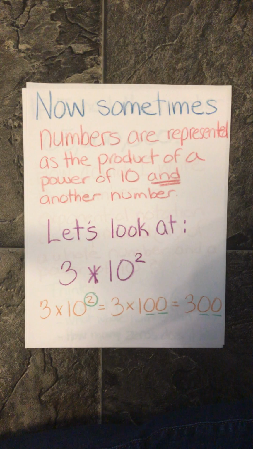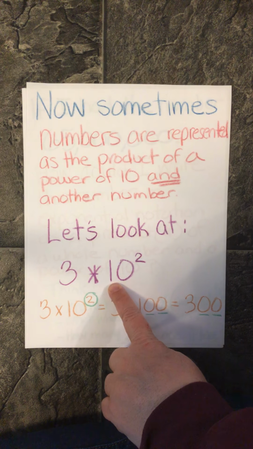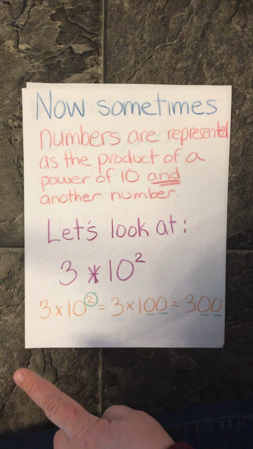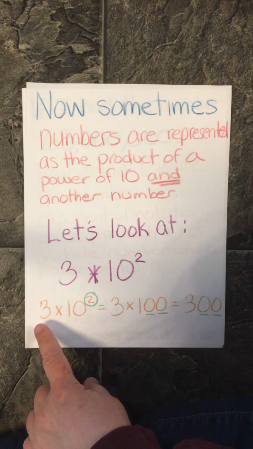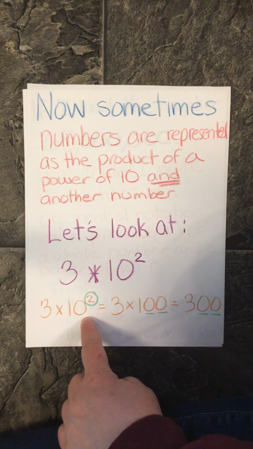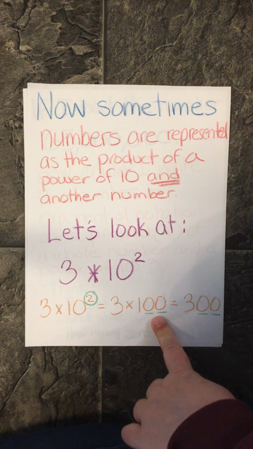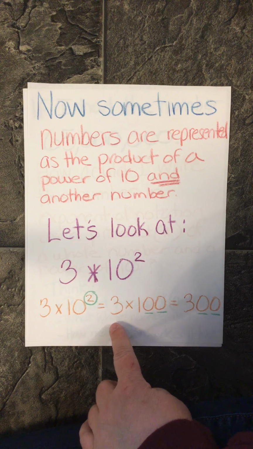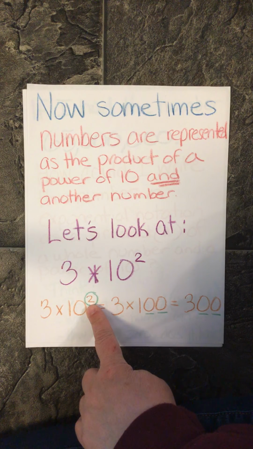So if I had the math problem 3 times 10 to the 2nd power, I could write it a couple different ways. 3 times 10 to the 2nd power, which means 3 times 100, or it could even be 3 times 10 times 10, because the exponent is 2.